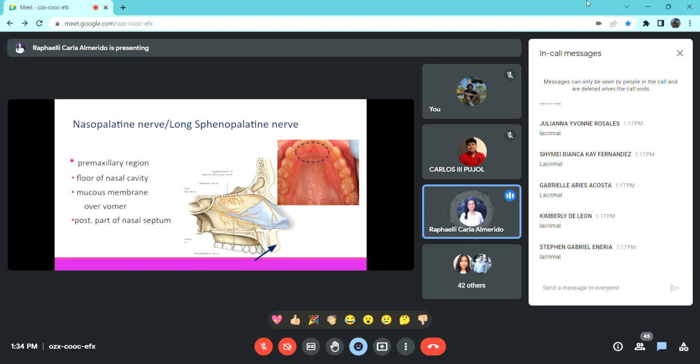And on its terminal region or branches, ito na yung elevation on this portion. So it innervates the floor of the nasal cavity, the mucous membrane over your vomer, and your pre-maxillary region.